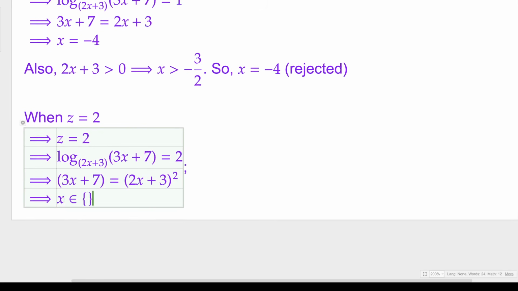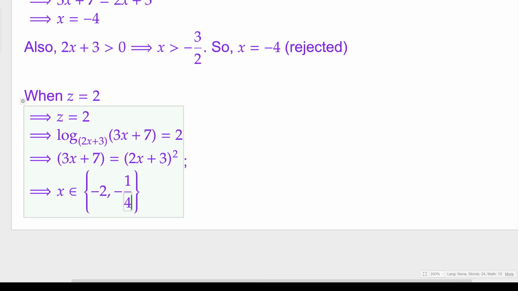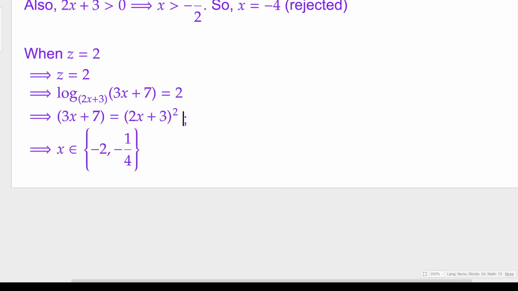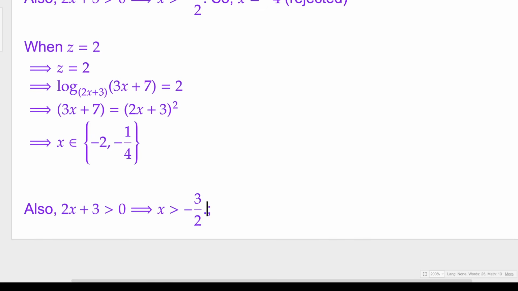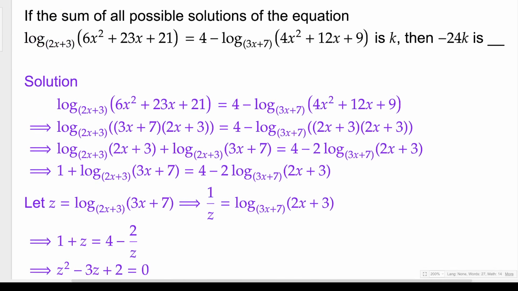On solving this we get the values negative 2 and negative 1 over 4. Now we know the constraint, so what would be the acceptable value? We can say that x equal to negative 1 over 4 can be accepted, but negative 2 cannot be accepted, because if you check negative 2 with this particular inequality, it won't satisfy it. Therefore negative 1 over 4 is the only acceptable value for k.